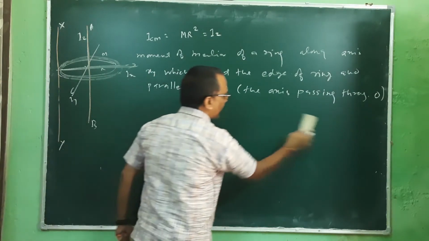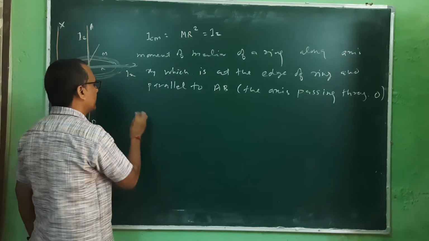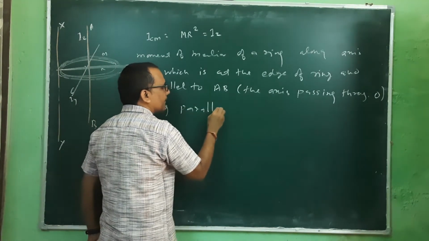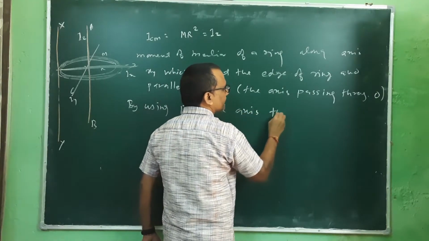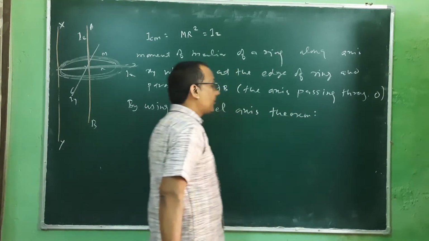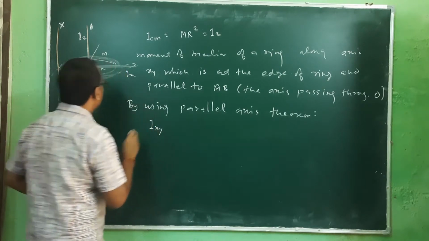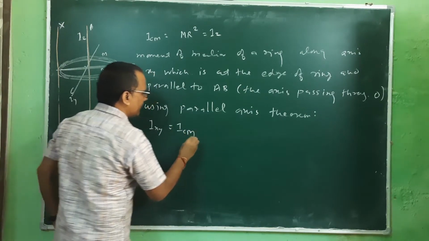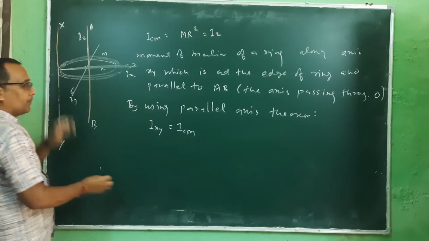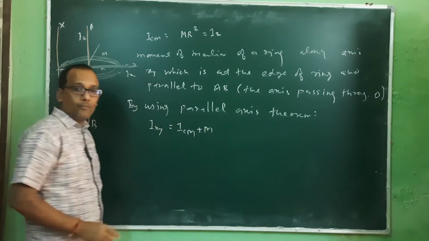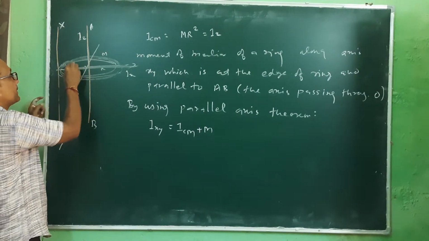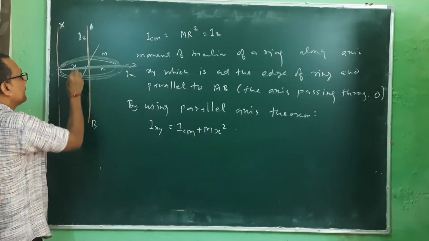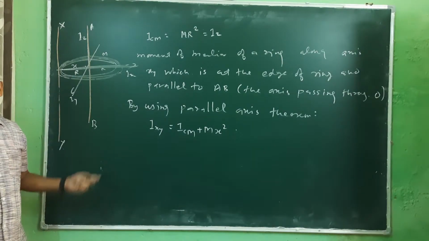So now we will use the parallel axis theorem. What we will have, this Ixy is equal to ICM, the center of mass or the origin, plus the total mass of this ring multiplied by this distance squared. Let's say this distance is x, so this is mx square, and x is nothing but the radius of this ring.